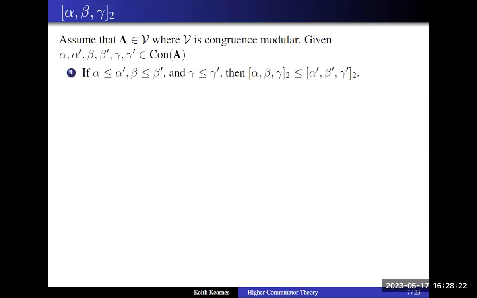First, the ternary commutator, given in terms of the 2-term condition. It's a monotone ternary operation. It lies below the meet. It's totally symmetric. I just wrote that if you swap the first 2, you don't change the value. If you swap the last 2, you don't change the value.